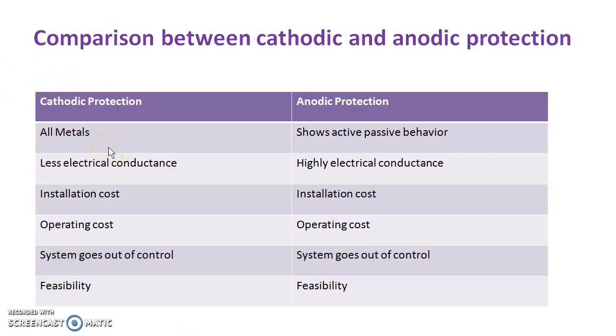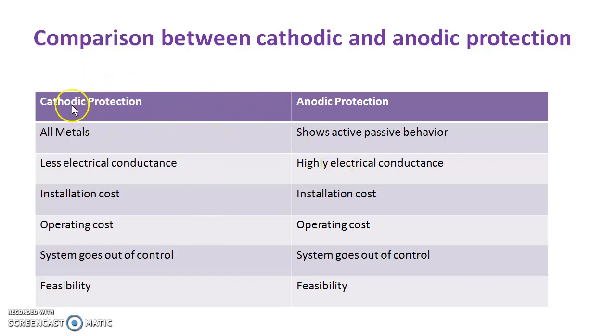Now, what is the difference between cathodic protection and anodic protection? See, what is the principle of cathodic protection? The metal to be protected is forced to behave as a cathode. This is the principle of cathodic protection, right?